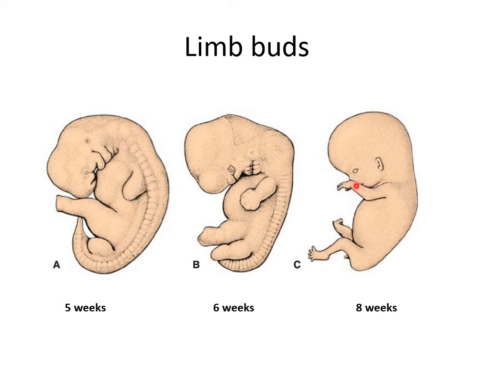So it develops into three components: the stylopod, which forms the humerus and the femur, the zygopod, formed of radius and ulna, tibia and fibula in the lower limb, and distally, the autopod, which in the hand is the carpals, metacarpals, and the digits, and in the foot, tarsals, metatarsals, and the digits.